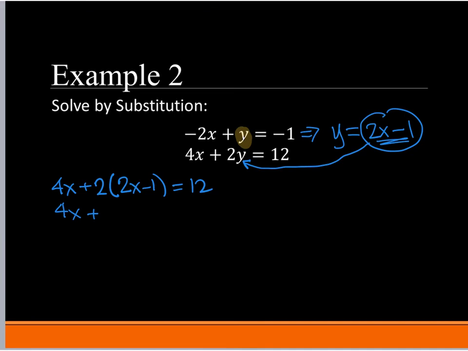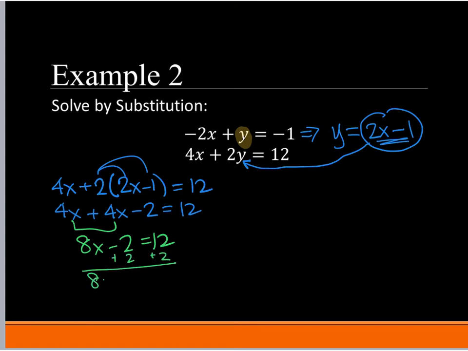So I have 4x plus 4x, 2 times the negative 1 is minus 2, and this is going to equal 12. If I collect my like terms, this is going to give me 8x minus 2 equals 12. So I'm going to add 2 to both sides, and I have 8x equals 14. Divide both sides by 8, and I'm left with x equals 7/4.